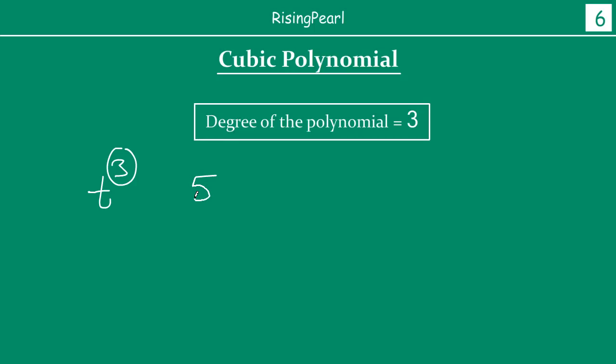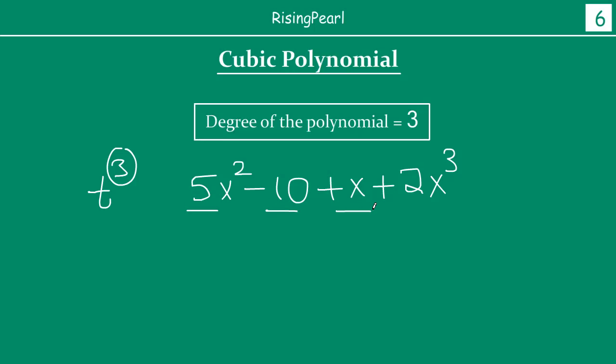Similarly, if you have 5x squared minus 10 plus x plus 2x cubed. So here we have this polynomial. There are 4 terms, 1, 2, 3, 4. This polynomial is a polynomial in variable x.